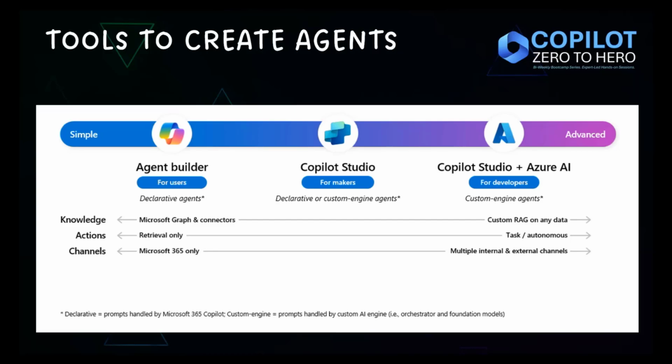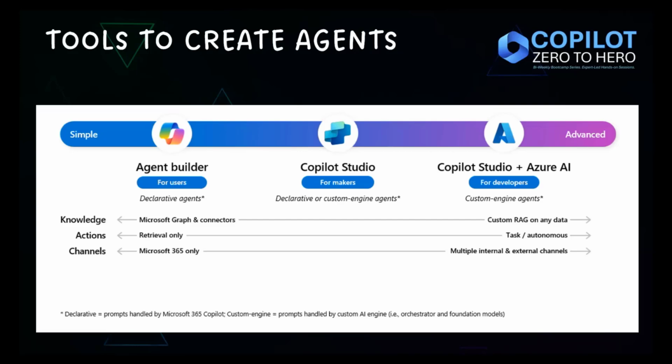It's not really complex agents that you're building. It's more declarative agents. However, you'll see as the path follows along, Copilot Studio is more for your makers, those who are low code, no code developers, but do have maybe some development background. So it can go from declarative to custom engine agents.